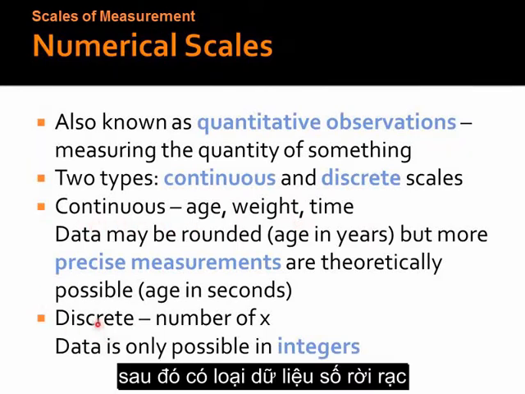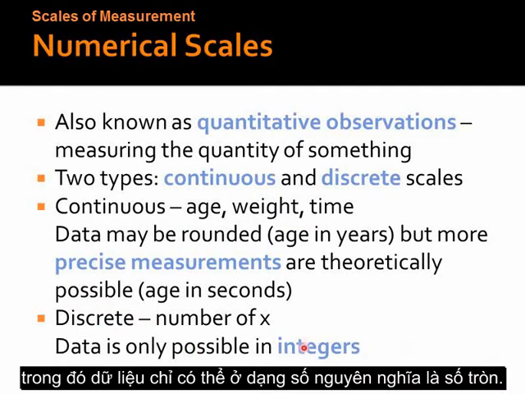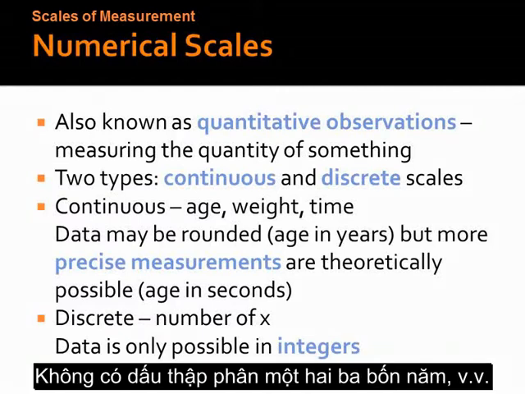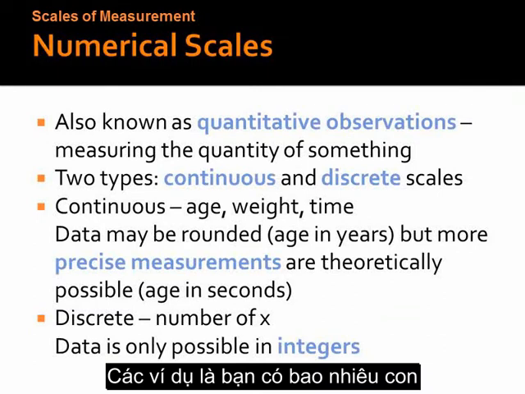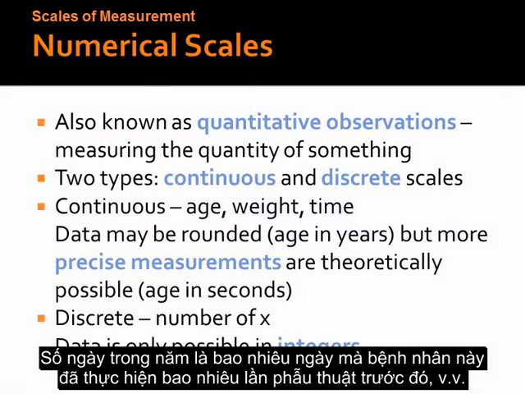Then there's the discrete kind of numerical data, where data is only possible in integers. Integers meaning round numbers, numbers with no decimal points: 1, 2, 3, 4, 5, and so on. Examples might be: how many children do you have, what is the number of days in the year, how many previous operations has this patient had, and so on and so forth.